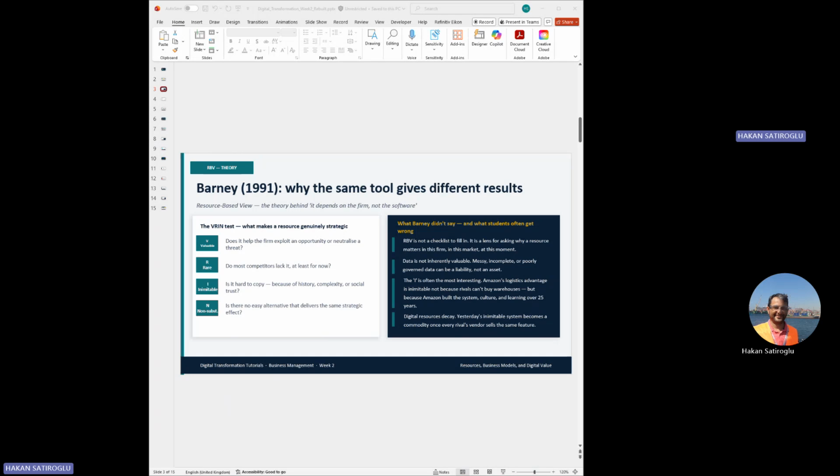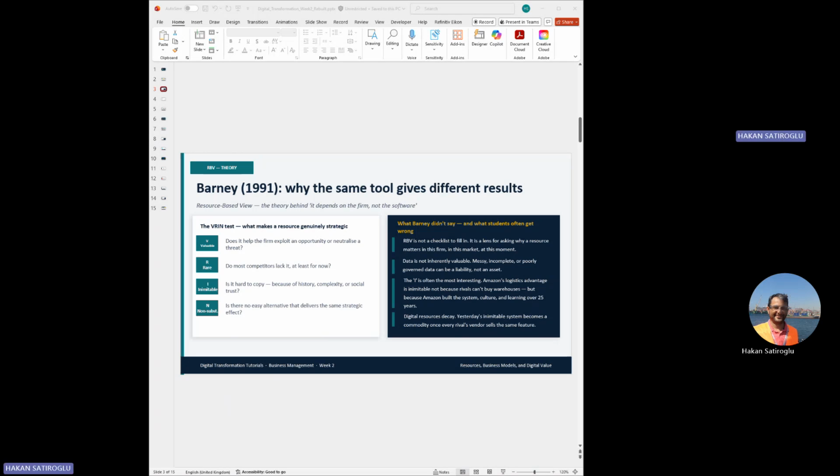The VRIN test, or VRIN theory, is V for value, R for rare, I for inimitable, sorry, and N for non-substitutable. These are some of the key perspectives you may need to check.